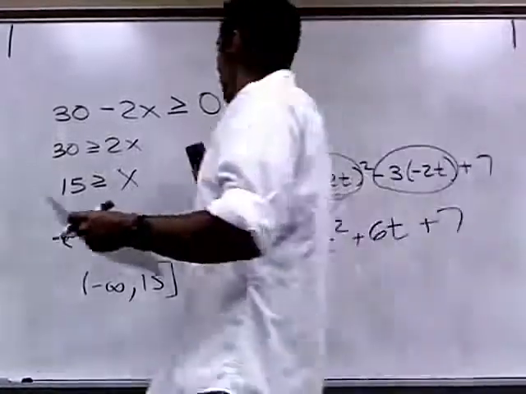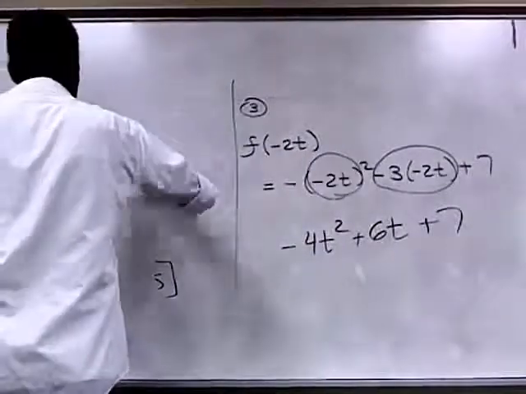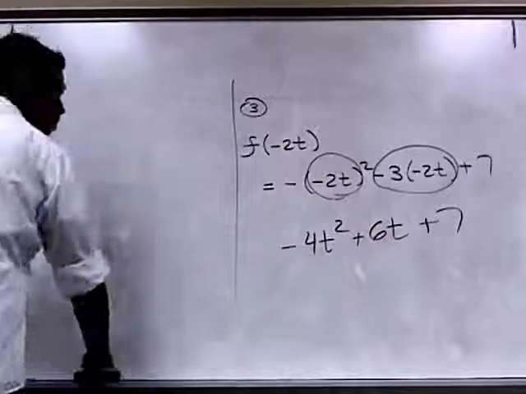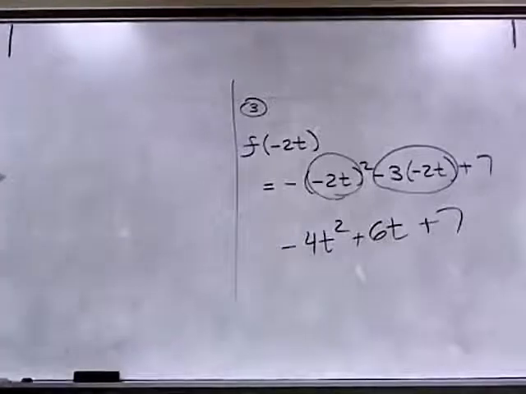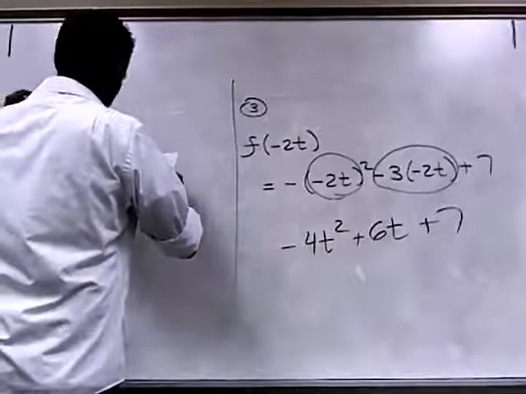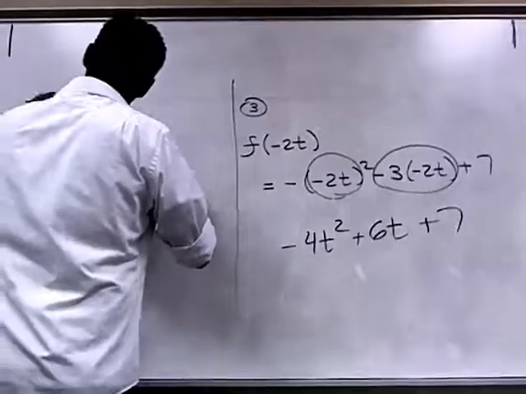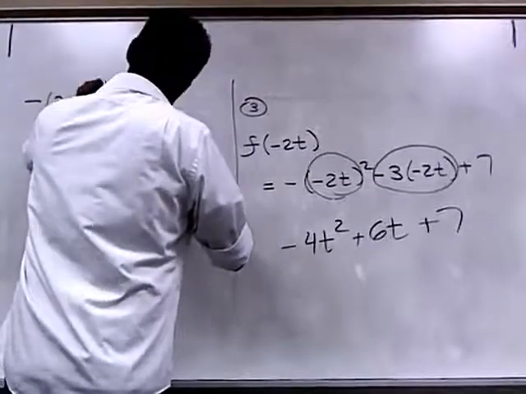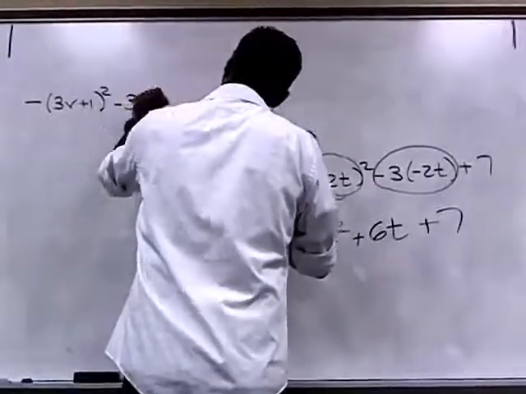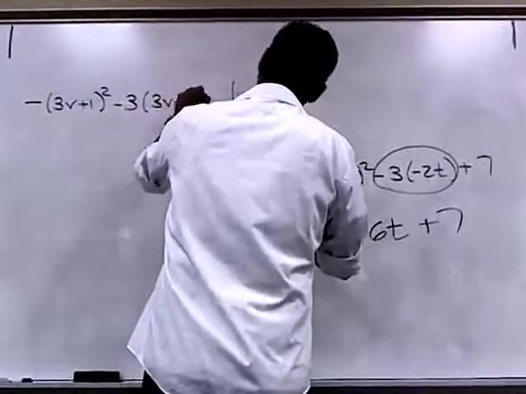Part B, it's the same thing except what you're plugging in is different, right? This one can be a little bit tricky. You're plugging in 3v plus 1 squared minus 3 times 3v plus 1, and then plus 7.